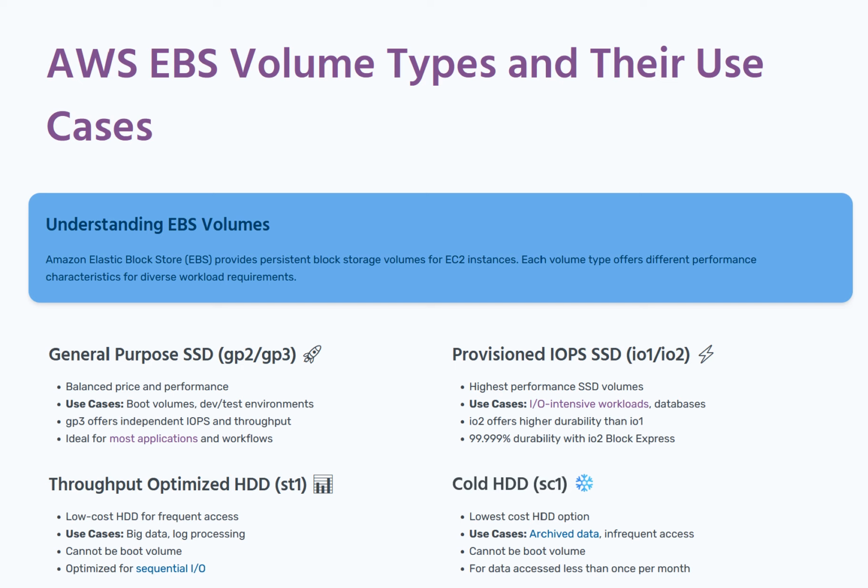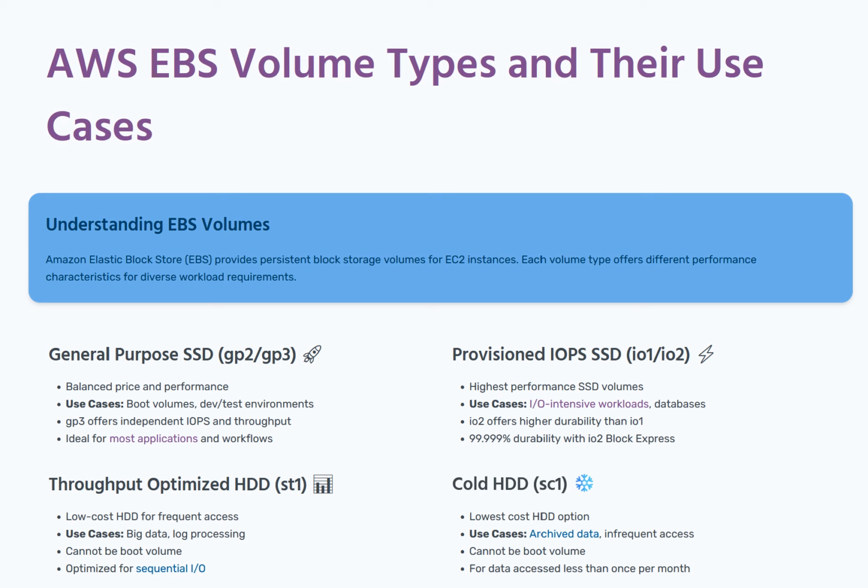Today we're going to discuss one of the other storage volume types, which is EBS, Amazon Elastic Block Store. EBS provides persistent block storage volumes for EC2 instances, mainly for EC2 instances.